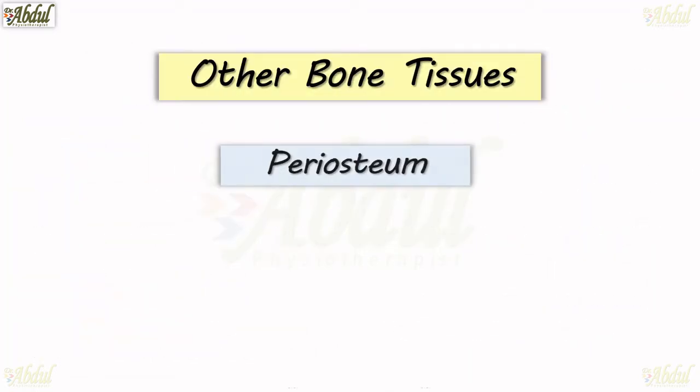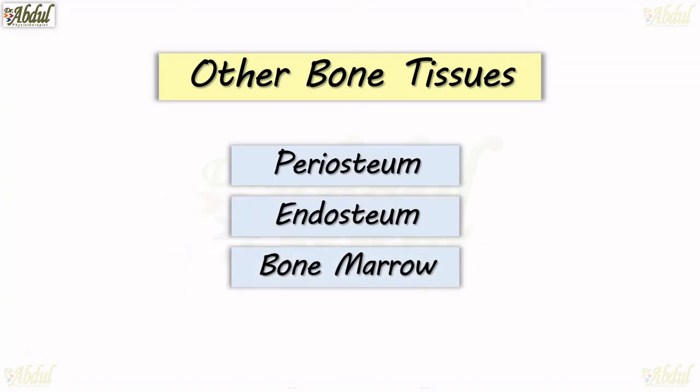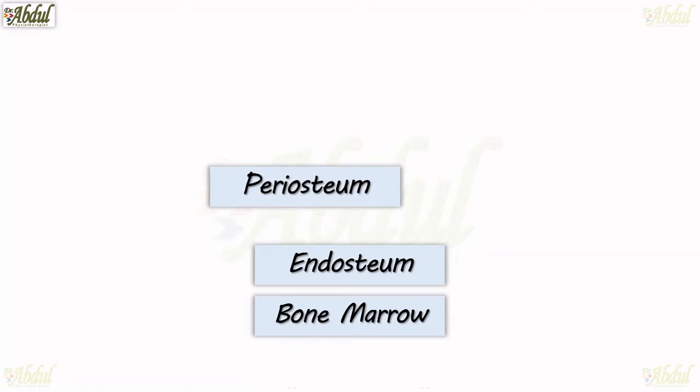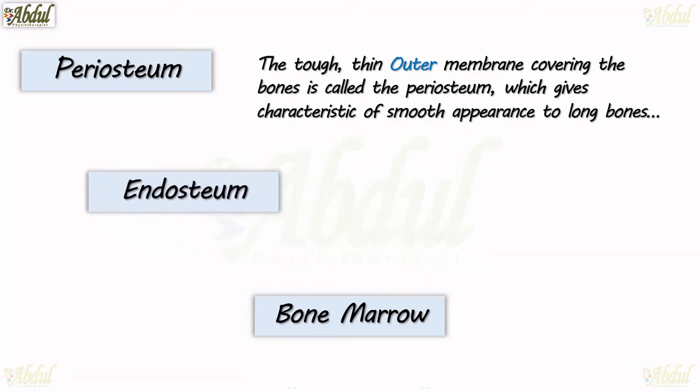Other bone tissues are periosteum, endosteum, and bone marrow. Let's see one by one what they are. Periosteum: the tough thin outer membrane covering the bones is called the periosteum, which gives a characteristic smooth appearance to long bones.